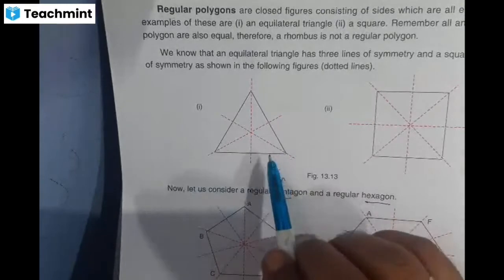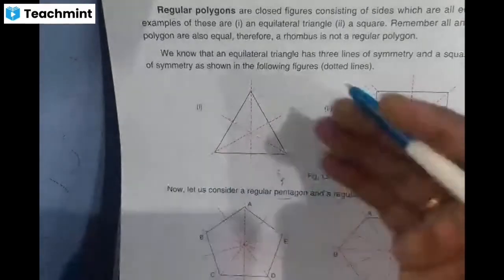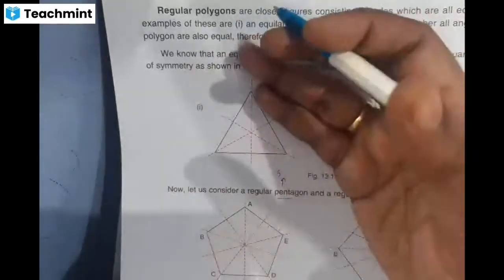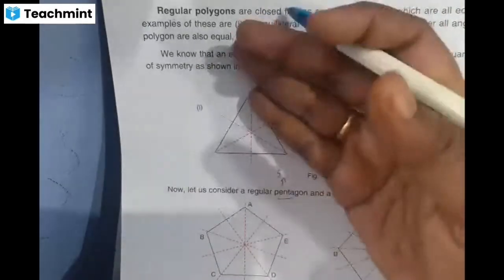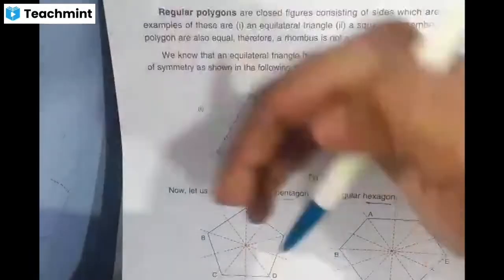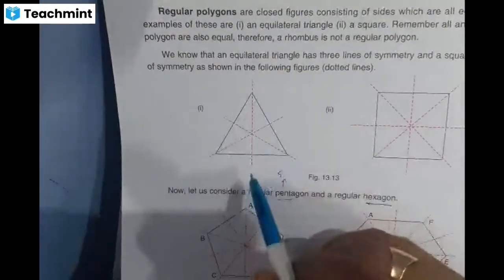In an equilateral triangle, we get 3 lines of symmetry. Because we are going to fold them about the corners, then we get the lines of symmetry. Each part, the above part is coinciding with the below part. Same with the left side and this side. So here we get 3 lines of symmetry, children.